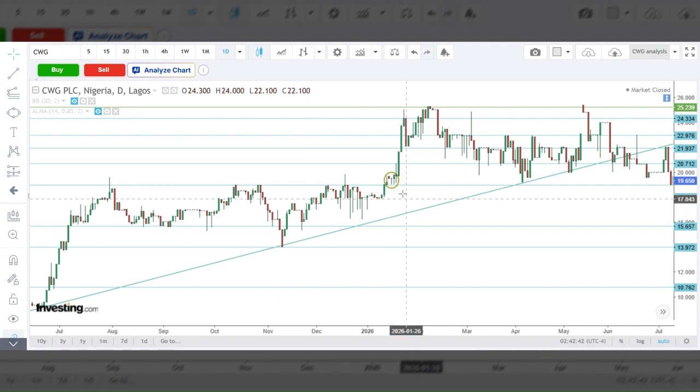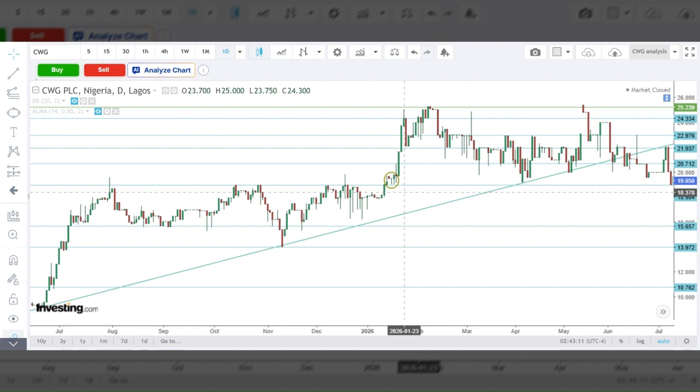So when you see an evening star in a downtrend, just know that there's going to be a bullish reversal. Evening star comprises a bearish candlestick, a doji candlestick, and a bullish candlestick, which signals a continuous trade.